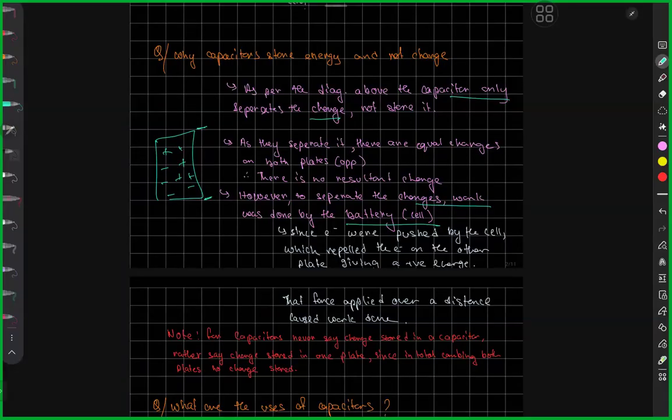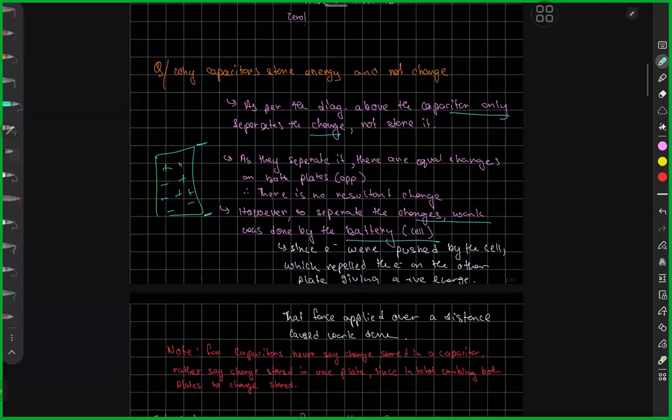Ultimately, the charges have mixed equally between themselves, and hence there's no potential difference. Now, granted my positive and negative charges want to be attracted to each other, and they're equally distributed. When I bring in an external force, what happens?